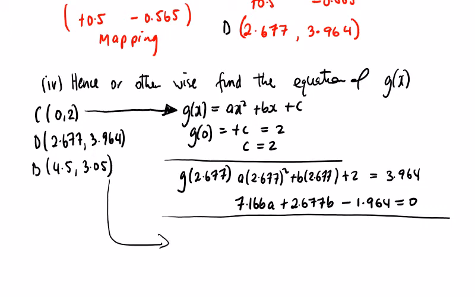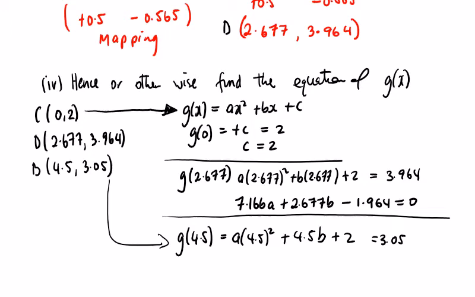So let's use this one here. G of 4.5 is going to be equal to 3.05. So a by 4.5 squared plus 4.5 times b, and then plus 2 is equal to 3.05.